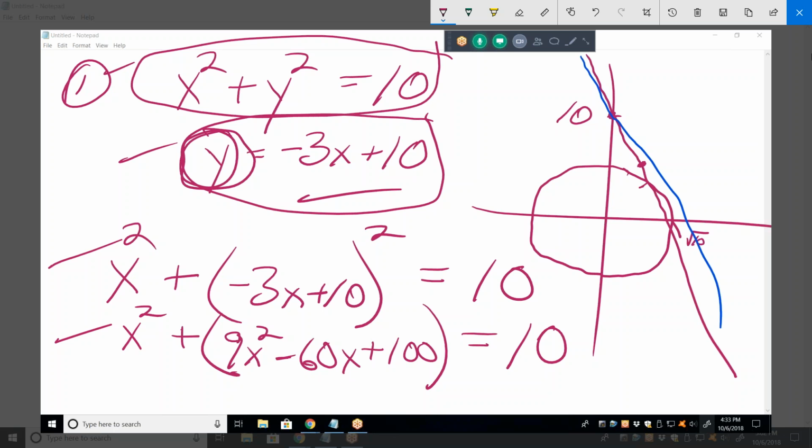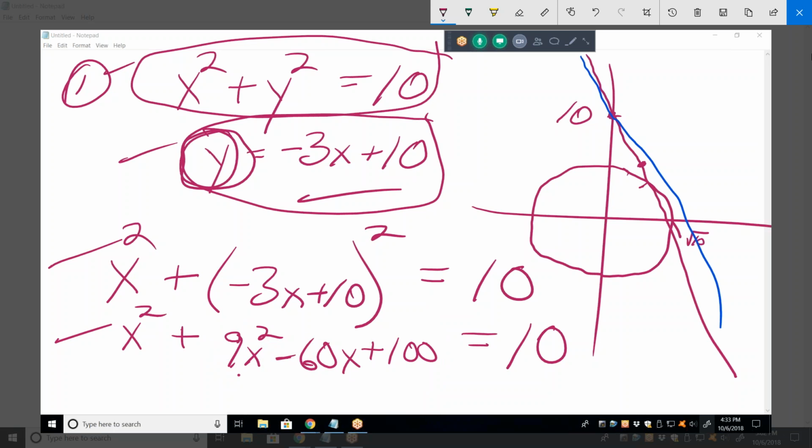Get rid of your parentheses, get rid of your denominators. We don't have any denominators, so we just got to get rid of those parentheses, and gather your like terms. To get rid of the parentheses, because it's preceded by a plus sign, all I need to do is this. There, I just got rid of my parentheses.